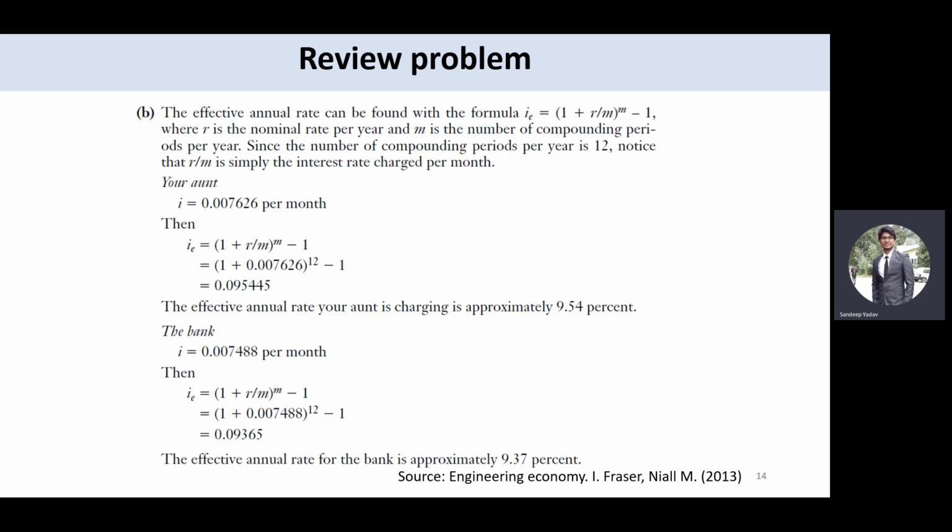We will see that the effective annual rate from the bank will be 9.37%. So now we have calculated the effective annual interest rates: the aunt is charging 9.54% and the bank is charging 9.37% annually.